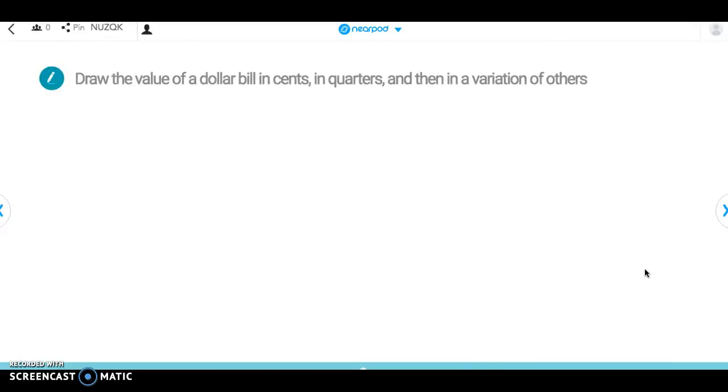Then I have students draw the value of a dollar bill in cents, in quarters, and then they can pick a different kind of variation that they choose. So they may draw 100 pennies or close to it, whatever the first thing that comes to their mind. It gives them a chance to be creative, and everybody can see the different colors and shapes they used for their coins.